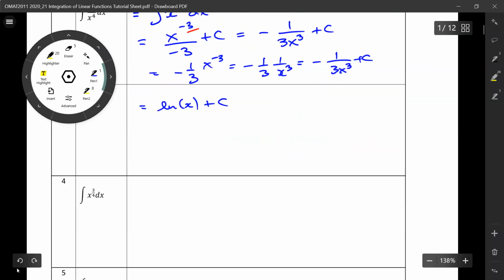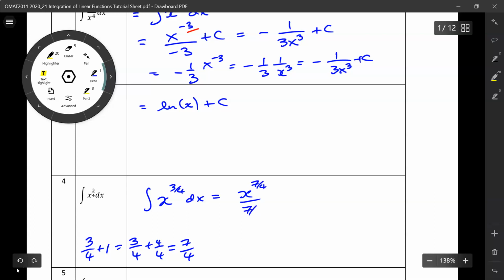Here we have x to the power of 3/4. So the integral of x to the power of 3/4 dx is equal to x, and I'm going to add 1 to 3/4. So 3/4 plus 1 is 3/4 plus 4 over 4, which is 4 plus 3, giving you 7, so it's 7 over 4.